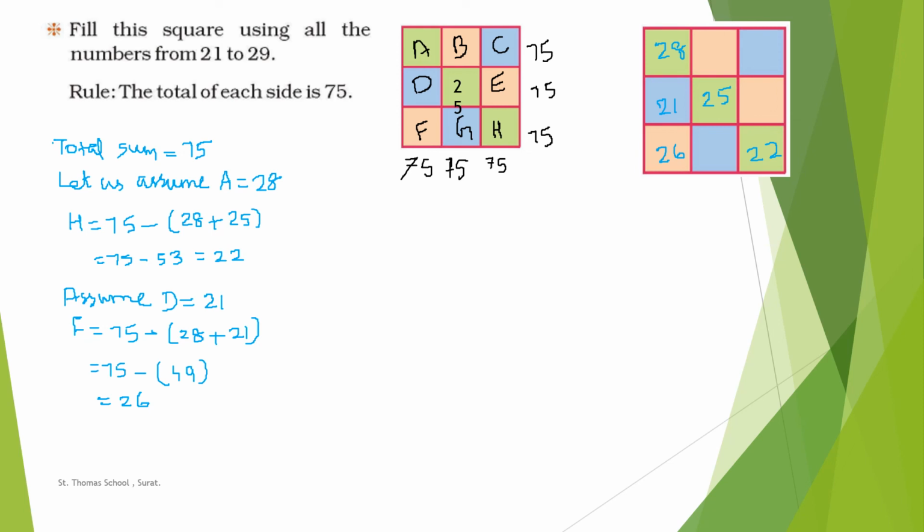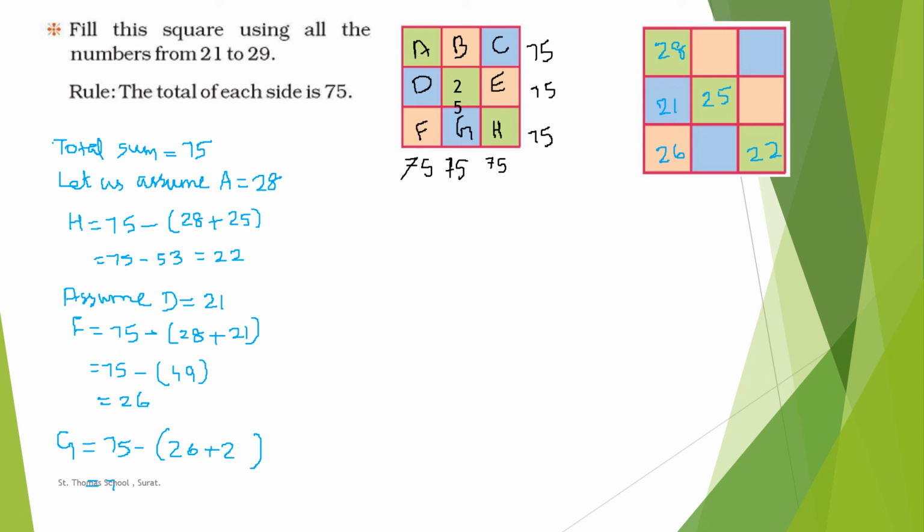So what is G? If you deduct the total of F and H from 75, you would get your G. Clear? So 75 minus your F is 26 and H is 22. Sorry, over here I have written 27.